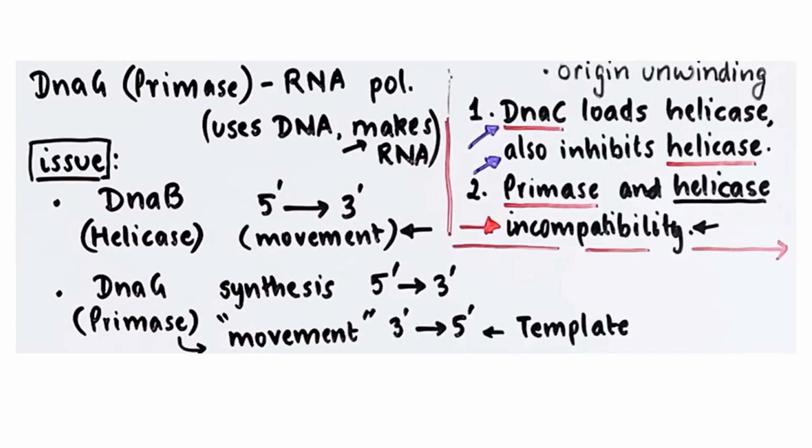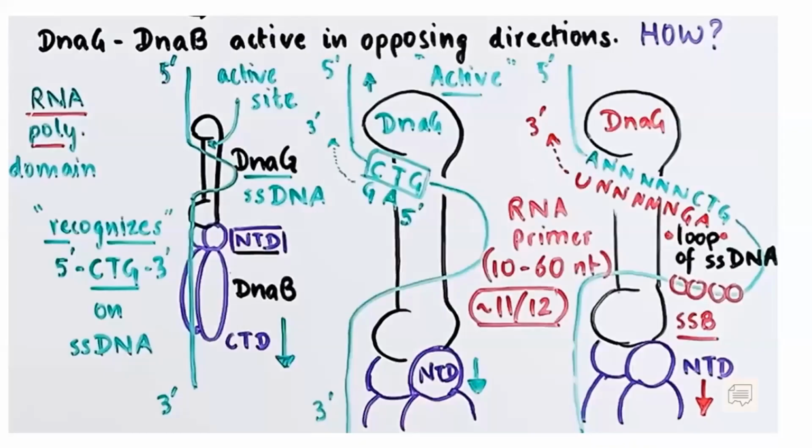So how does this actually work? It is not a problem for the cell. To understand this, let's discuss how it works. From the side, this will look something like this, where DNA-G is connected to the N-terminal domain of the DNA-B, and the single-stranded DNA runs through the channel of the helicase domain of DNA-B.